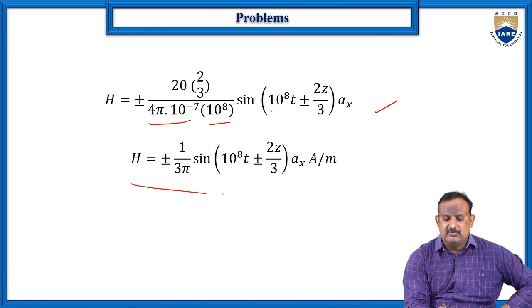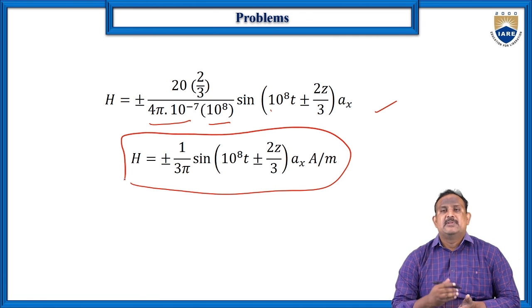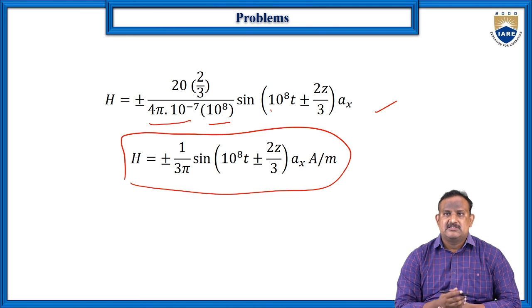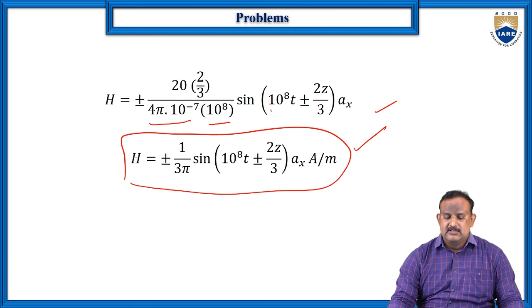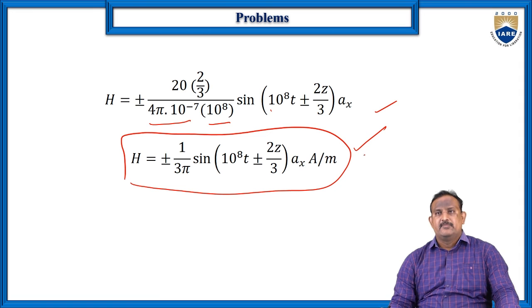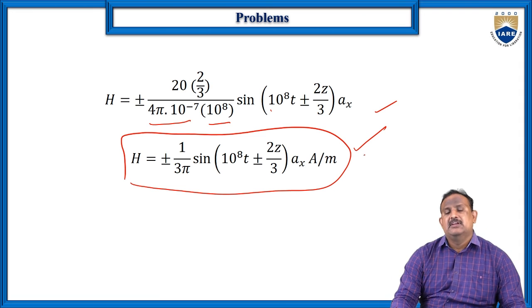If you simplify the expression, the magnetic field intensity H is equal to plus or minus 1 by 3 pi into sin 10 power 8 t plus or minus 2 by 3 into z into ax. So the beta value is plus or minus 2 by 3 and this is the magnetic field intensity. In this way you can find out the magnetic field intensity or electric field intensity both.